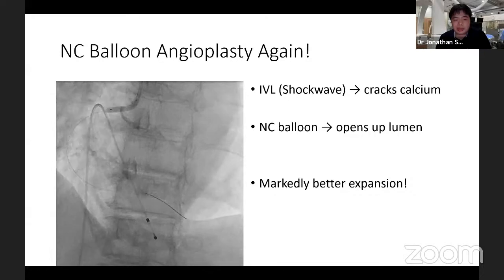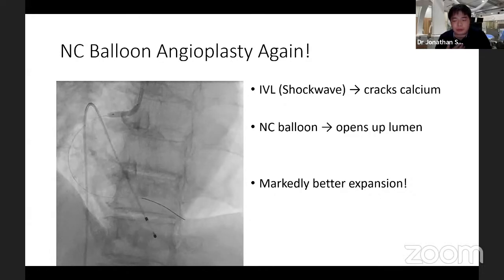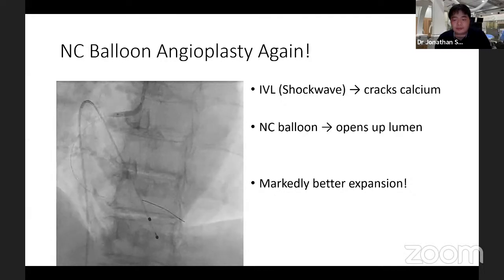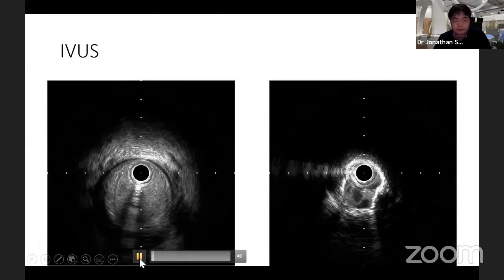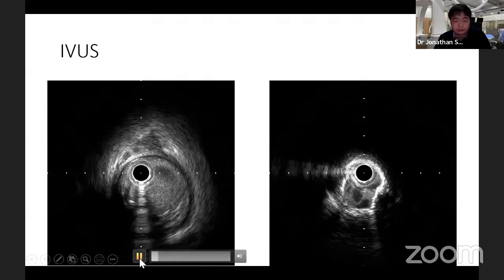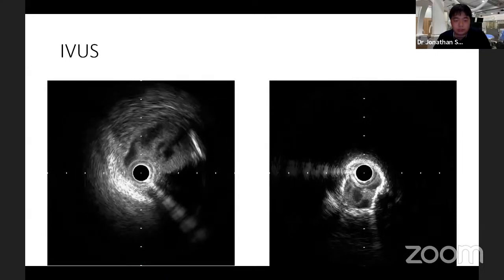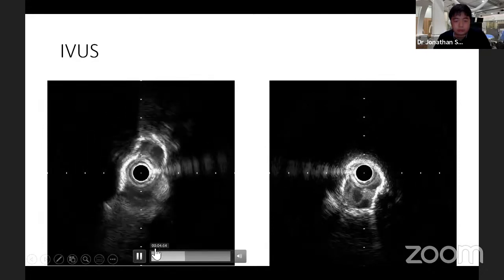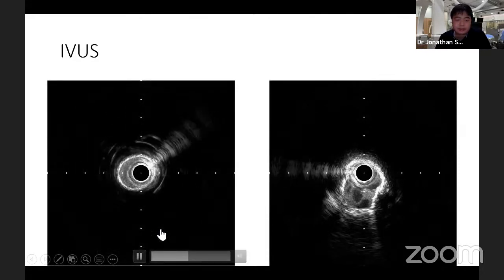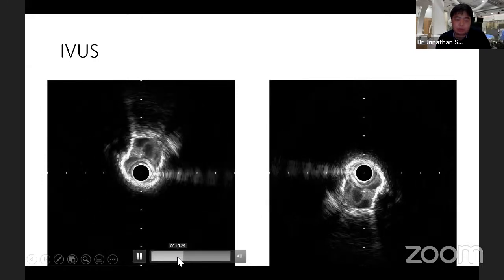And you can see now, just by the angiogram, there's markedly improved expansion at the ostium. And now we repeated the IVUS. The lumen is actually much bigger than before. And you notice there's a good cracking of the calcium.